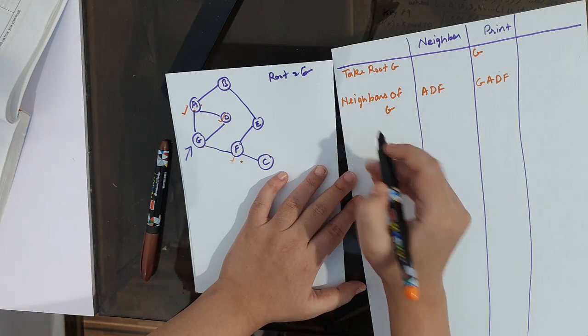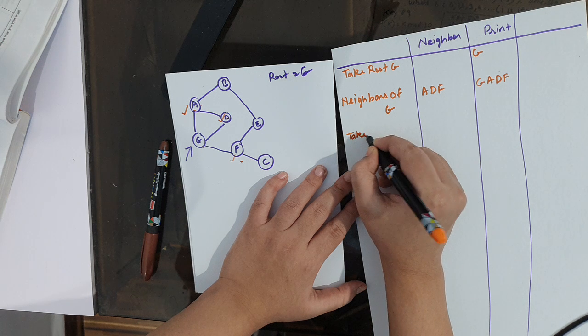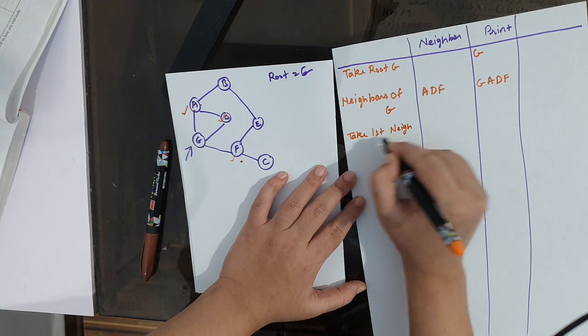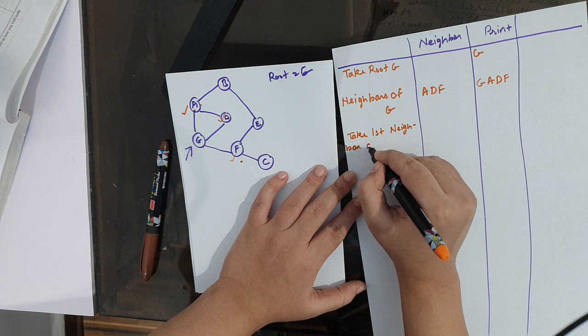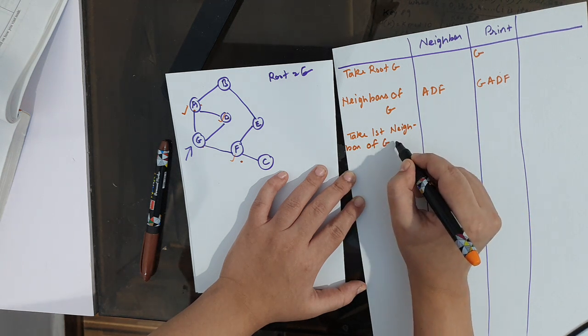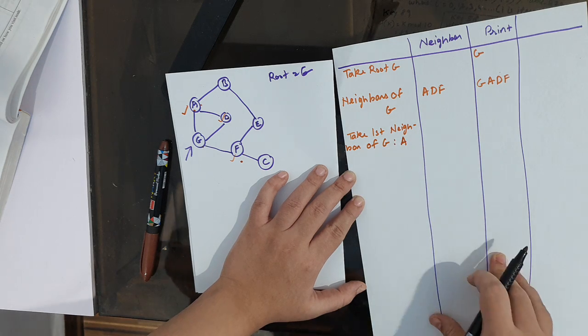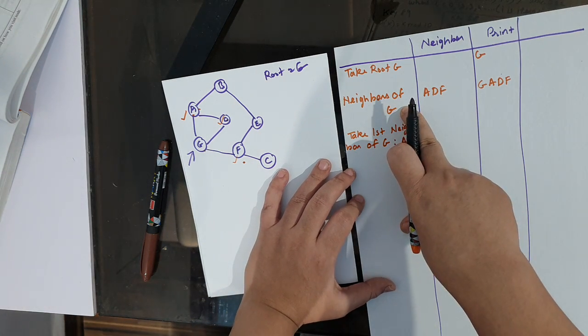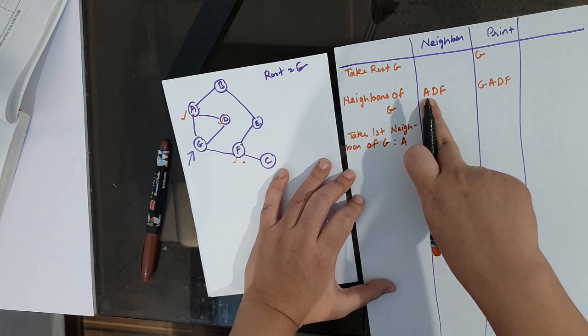So take the first neighbor of G, which is, as considered, A, as mentioned right here.